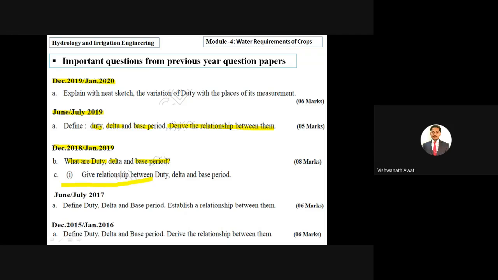Give a relationship between them. Next, June July 2017: define duty, delta, base period and establish the relationship between them. Same questions, asked in different ways, and all are important.